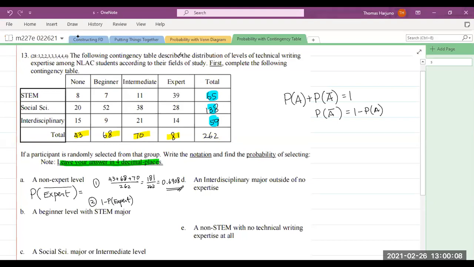Now, there are 2 ways to compute this. The first one is you compute those who are not expert. So I add all of this here, divided by 262. Okay, that's what I did in the first method. The second method is by knowing that probability of an event plus probability of not that event is supposed to be 1.